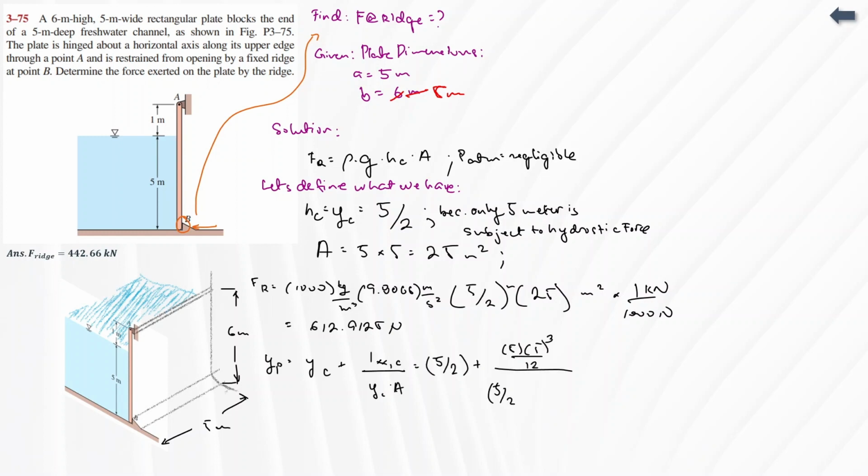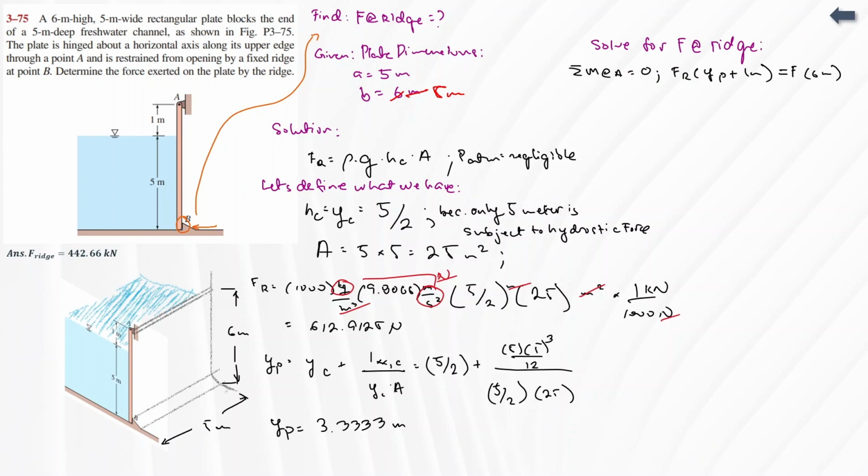Getting yp is simply a matter of substituting again. We know that the moment of inertia of a rectangle is a b cubed over 12. Substituting them, and after cancellation, yp is 3.3333 meters.